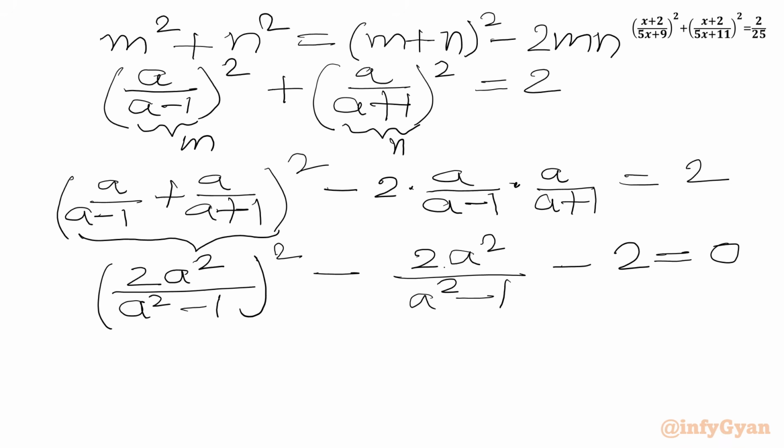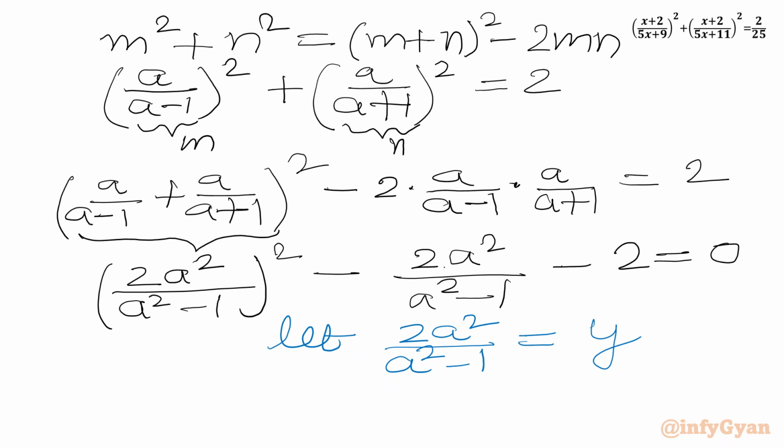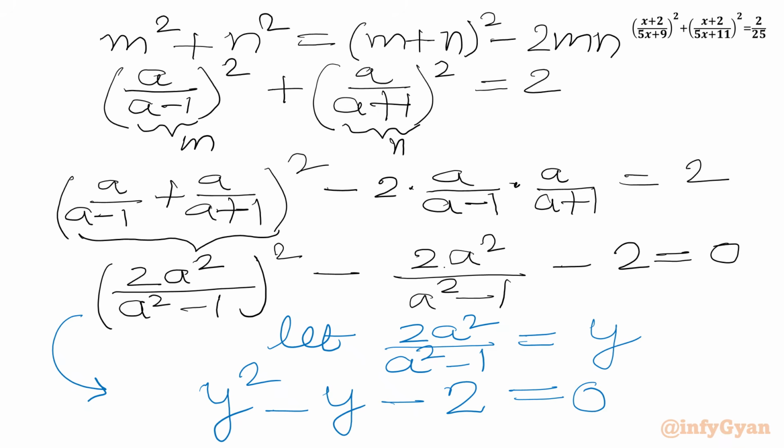Now this is a quadratic equation in 2a squared over a squared minus 1. So let us assume 2a squared over a squared minus 1 is equal to y. So our equation will become y squared minus y minus 2 equal to 0.